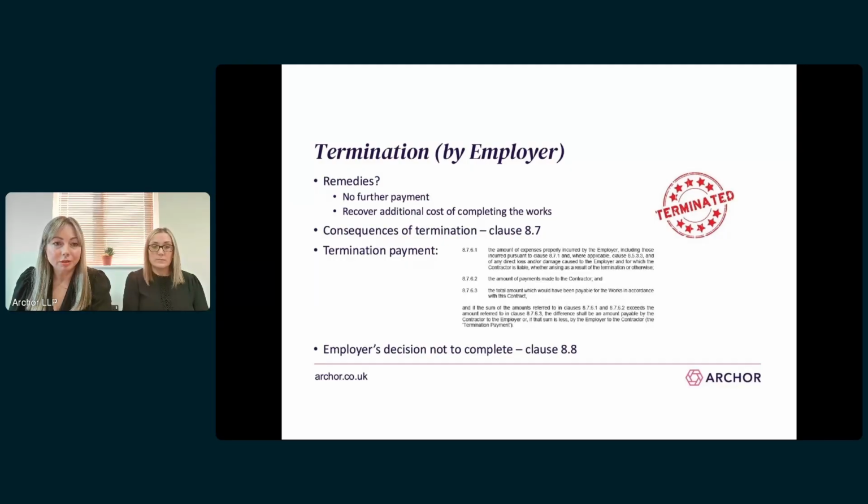Now, if this happens, or if the works are not started by an alternative contractor within 6 months, then the termination payment process is started, with the due date for the termination payment being 2 months after the last day of that 6-month period. Clause 8.8.3 then deals with what needs to be included in the termination payment. I mean, in reality, works do tend to continue with a new contractor, but that clause is there just to make sure that 6 months doesn't pass with nothing happening.